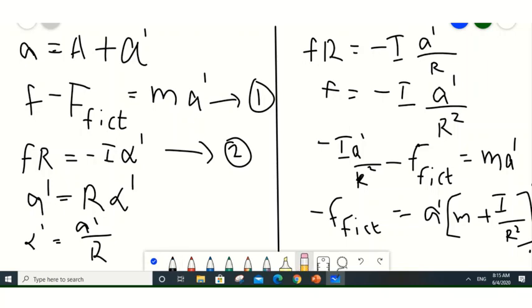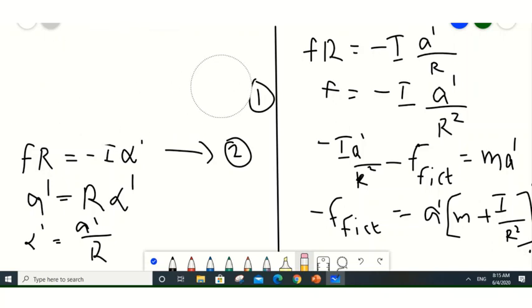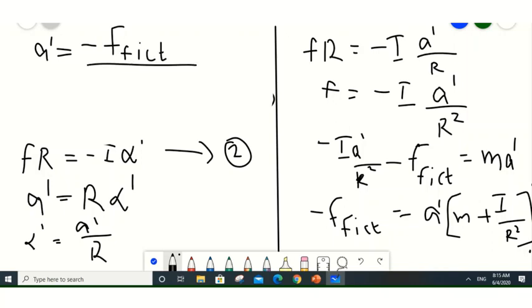I'm wiping out here and writing the equation for a dash. A dash is equal to minus F fictitious by m plus I by r square. The value in the bracket comes into the denominator.